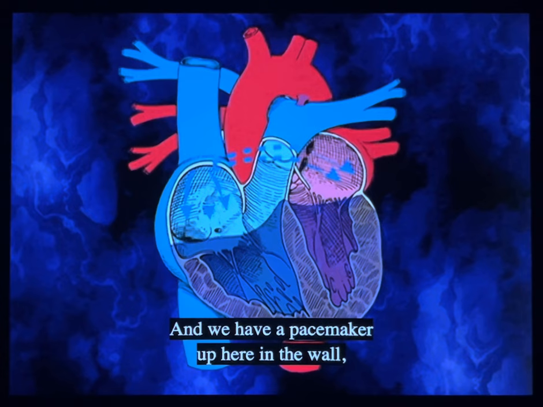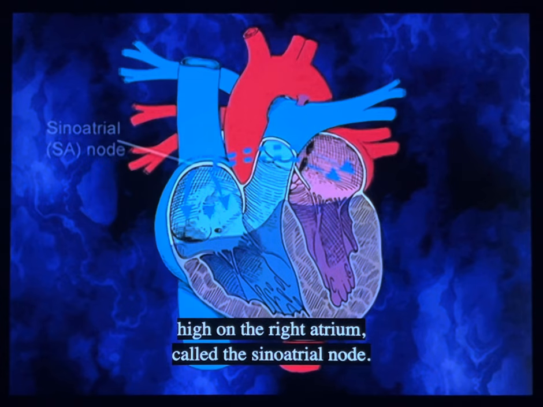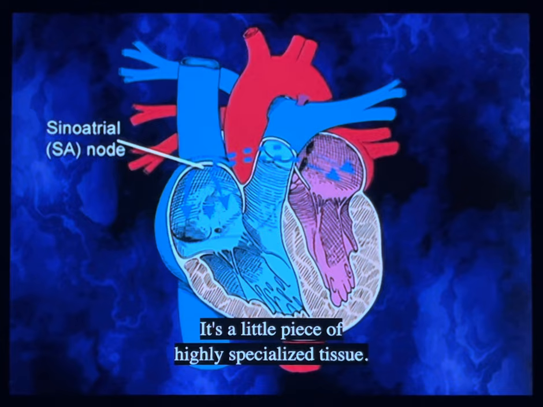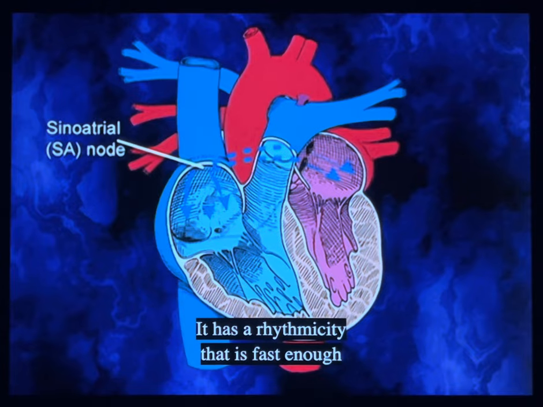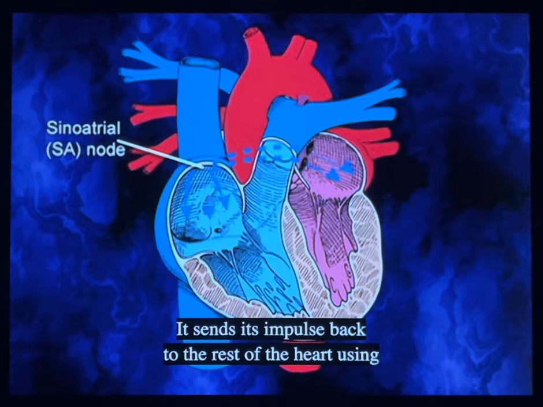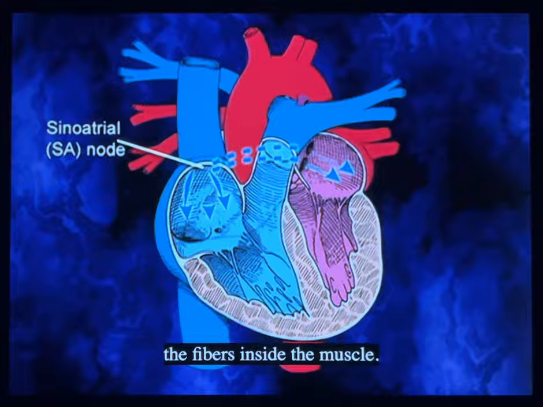And we have a pacemaker up here in the wall, high on the right atrium, called the sinoatrial node. It's a little piece of highly specialized tissue that has a rhythmicity that is fast enough for us to be able to survive. It sends its impulse back to the rest of the heart using the fibers inside the muscle.